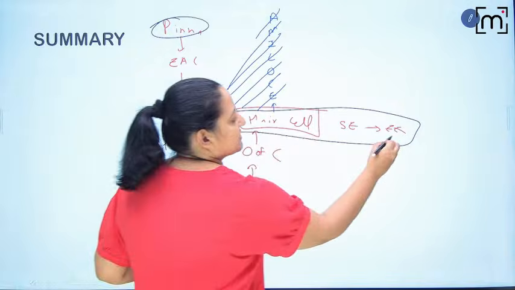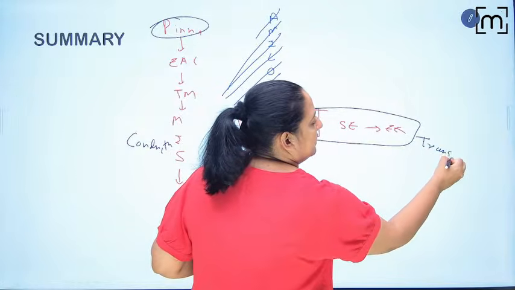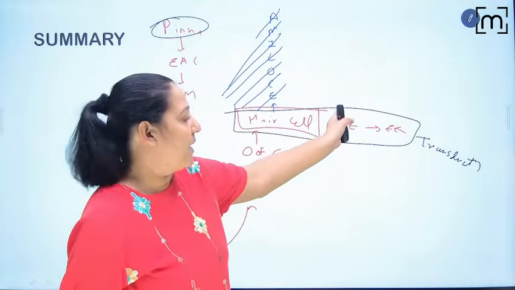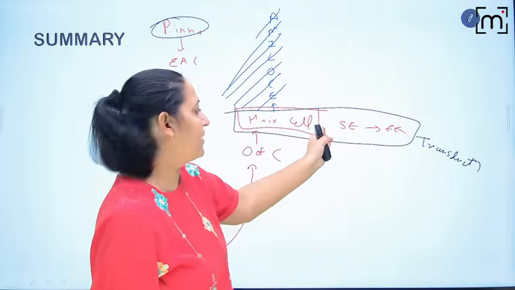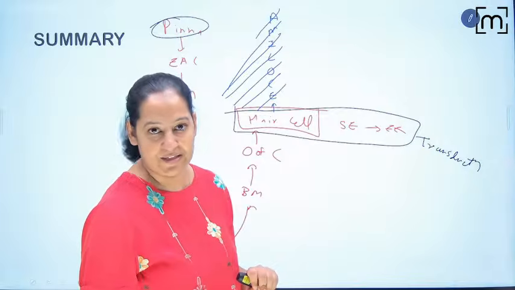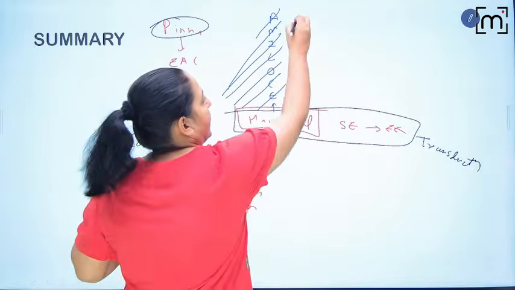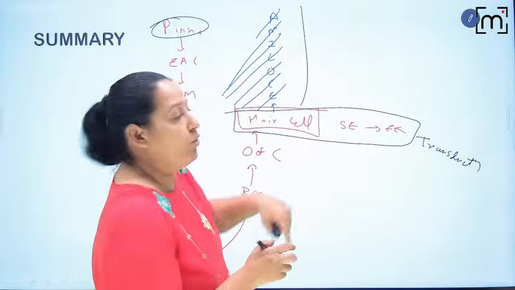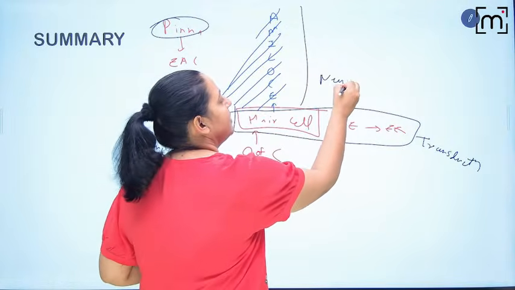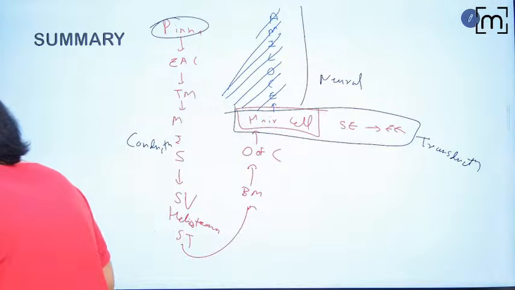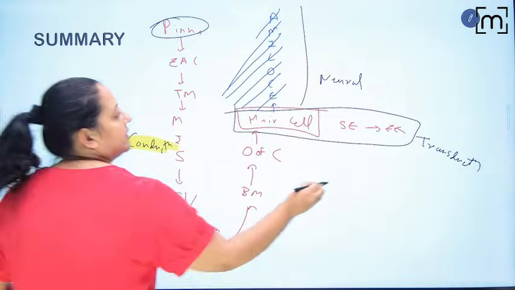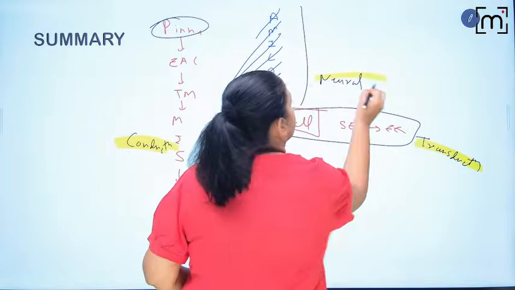This is known as transduction of sound, the second step, where conversion takes place. One type of energy is converted to another: sound energy is converted to electrical energy. That is transduction. And this is known as the neural pathway, neural in the brain, from the 8th nerve onwards, E-colima. This is the conduction pathway, this is the transduction pathway, this is the neural pathway.